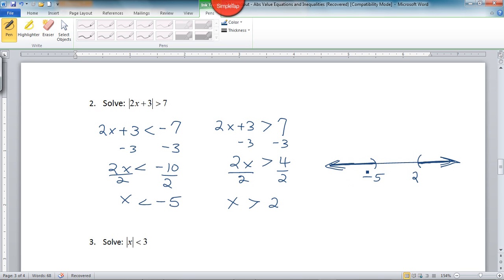Well, that's pointing to the left here, and so that's negative infinity, comma negative 5, parentheses around those, and then 2, comma infinity is the other interval there. And like I said before, usually if you have two like that, you put a union between them.